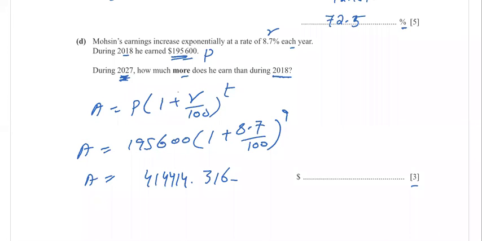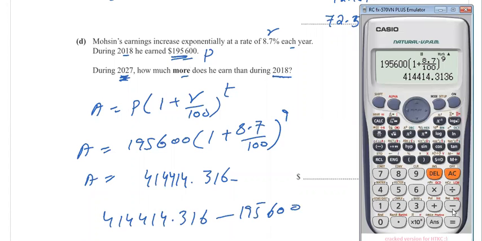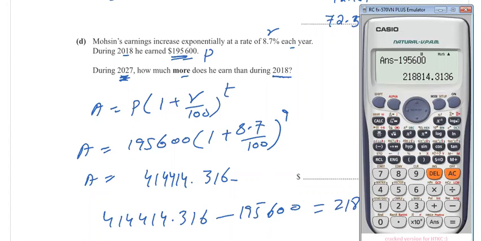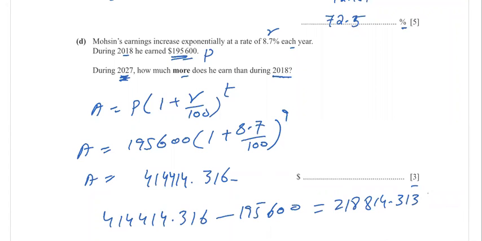So now if we compare how much more, the difference will be 414,414.316 minus 195,600. So that will be the difference, which is 218,814.316.